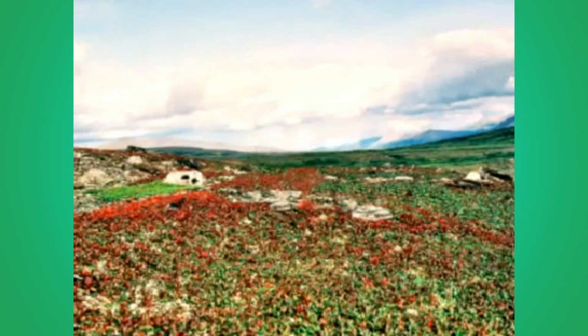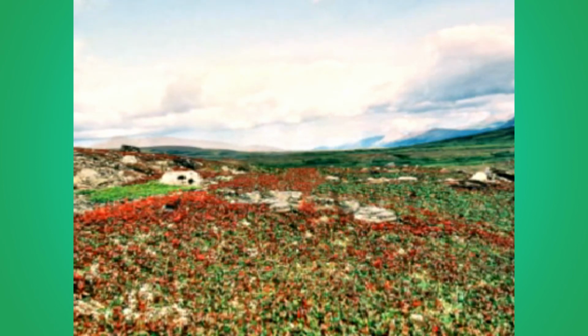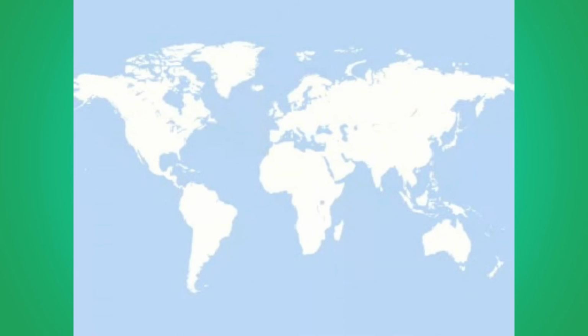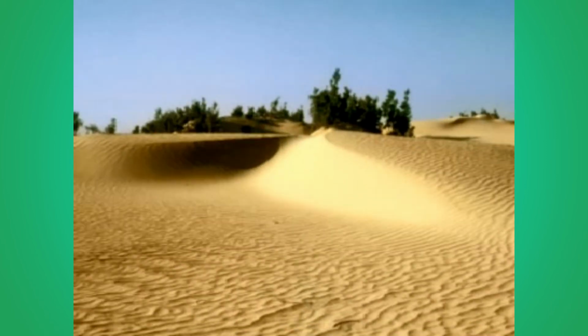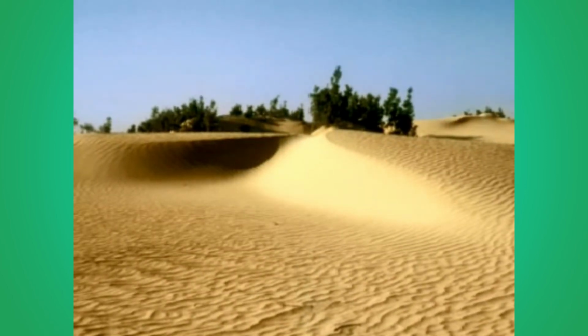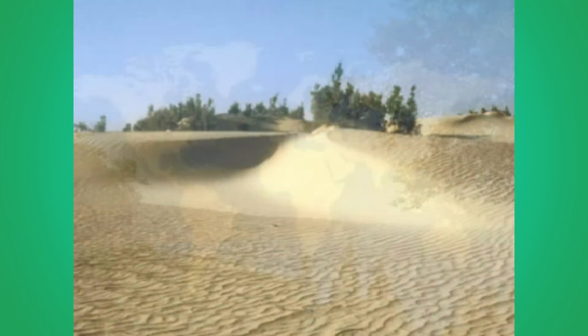The tundra is a plant formation of cold, dry regions composed of mosses, lichens, grasses, bushes, and dwarf trees. The desert is a very arid region in which precipitation is below 250 mm per year and vegetation is sparse.